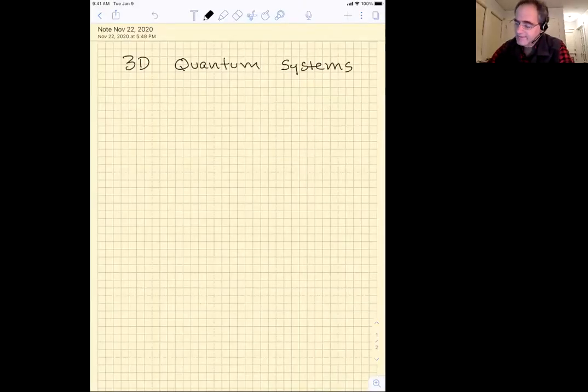Okay, so last time we introduced three-dimensional quantum systems. We found that in 3 dimensions, the wave function is a function of position in 3 dimensions. I guess that makes sense. So in Cartesian coordinates, we might write it as psi of x, y, and z. And Schrodinger's equation also looks different in 3-dimensional systems.